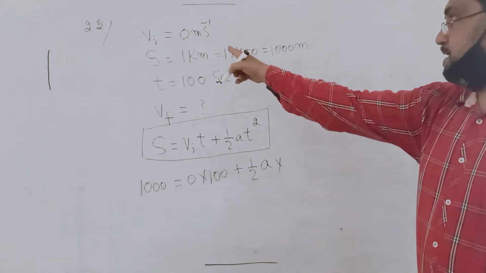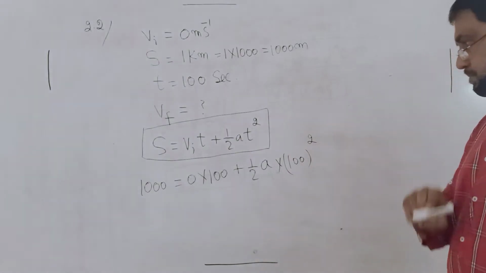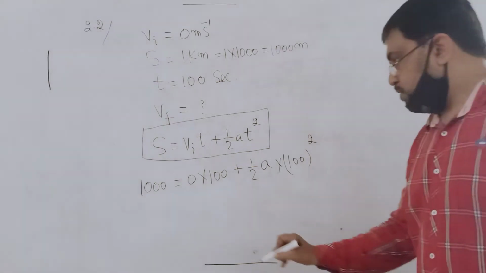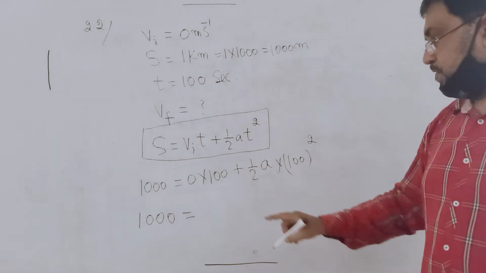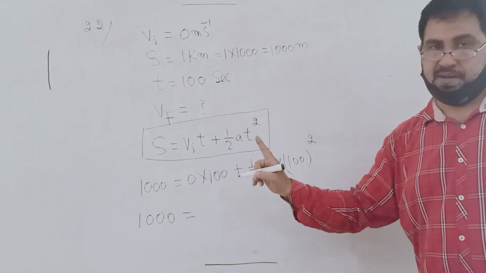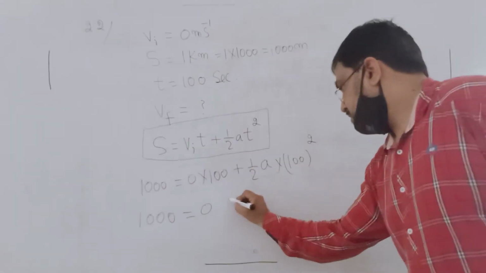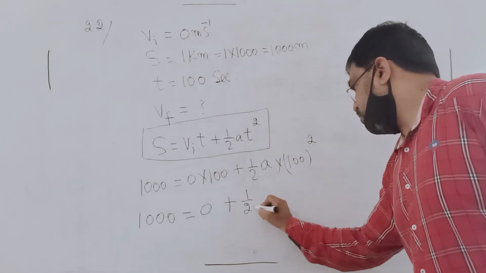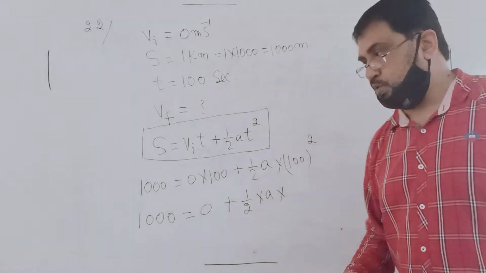Again T is equal to 100 square. 1000 is equal to, when 0 multiplied with 100, it becomes 0. 1 over 2 into A. 100 square is equal to 10,000.